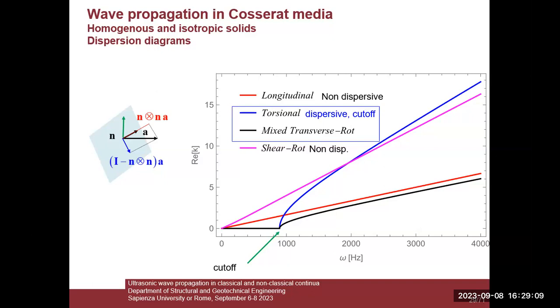So dispersion relationships, what are they like? I represented here just the real part of the wave number as a function of frequency. So you see you've got the longitudinal wave, the red one, non-dispersive. We knew that. We've got this other shear rotational wave, this one, non-dispersive.